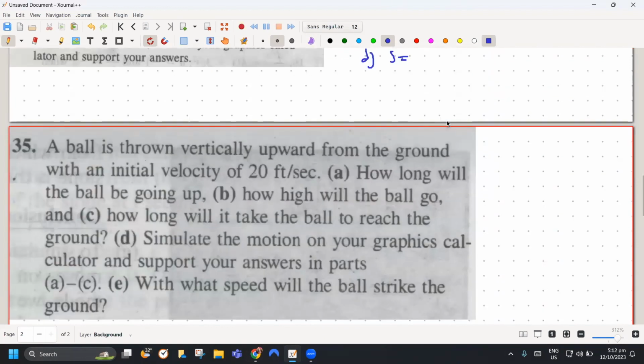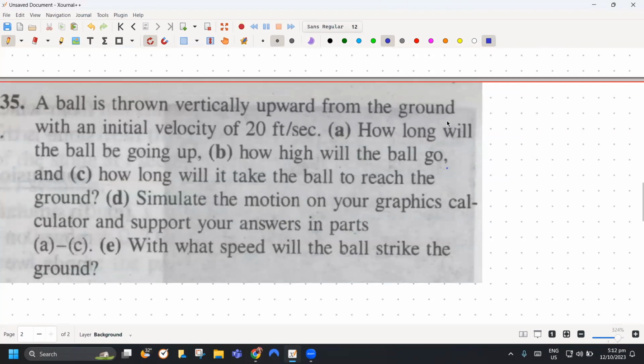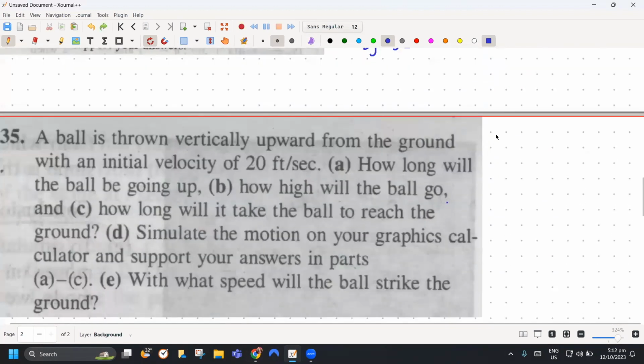Starting with the differential equation, d squared s over dt squared equals a. It's the same thing over again. So ds/dt is equal to at plus c sub 1. And then s is one half at squared plus c sub 1 t plus c sub 2.